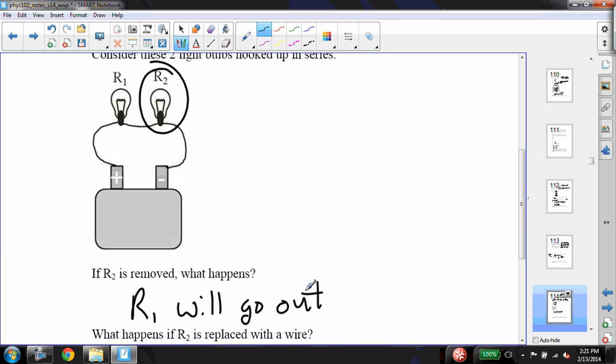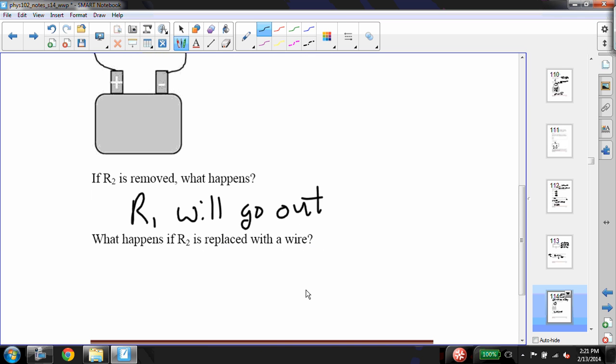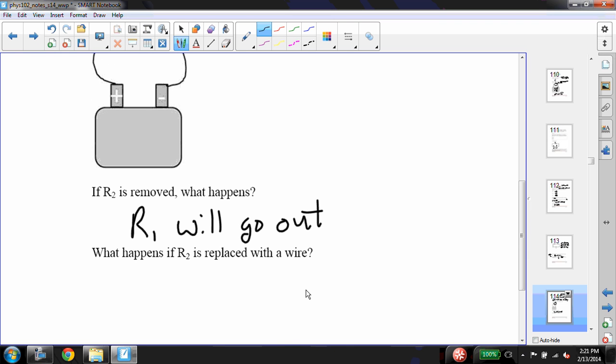Now, what happens if R2 is replaced with a wire? What's going to happen to R2? Well, a couple of things are going to happen. First of all, what's going to happen to the equivalent resistance? Is it going to go up or down? Right. The equivalent resistance is going to go down. Before we think about it mathematically, let's just think about it intuitively.